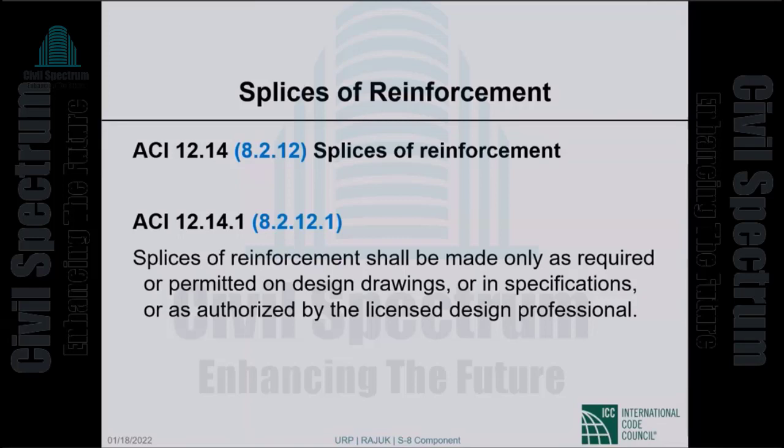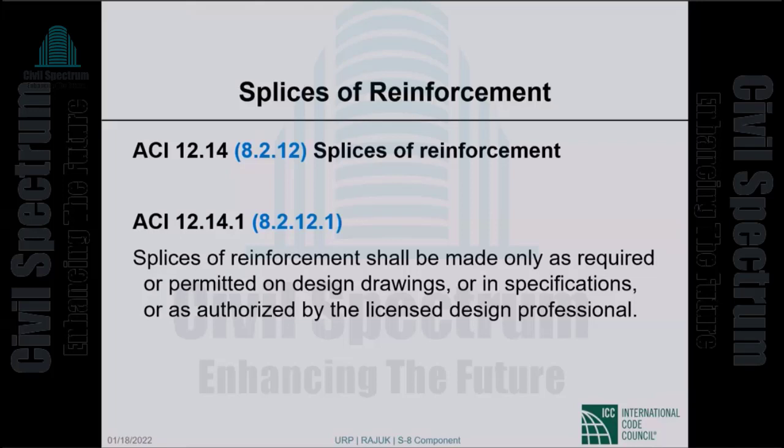Then development of headed bars in tension, L sub DT. Then we went to development of flexural reinforcement. We talked separately about top reinforcement and bottom reinforcement, or positive reinforcement and negative reinforcement. Then we got into the development of web reinforcement, which is typically there for shear.